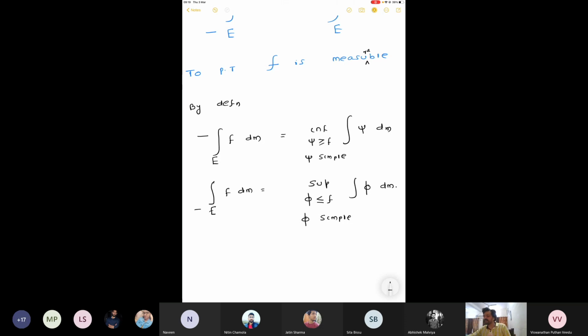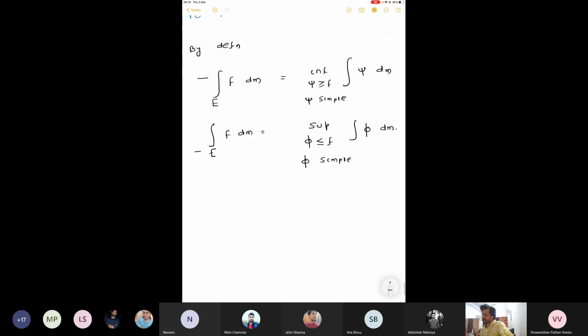Okay. Now what I am going to do is to apply the infimum and supremum definition. Infimum is the greatest lower bound and supremum is the least upper bound. Okay. So if you have a supremum, nothing less than it can be an upper bound. And if you have an infimum, nothing greater than it can be a lower bound. Okay. So that I am going to apply.